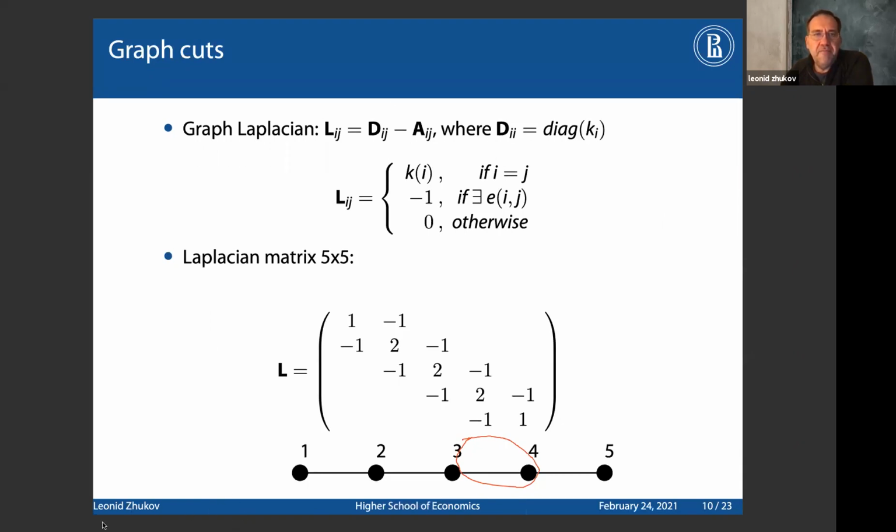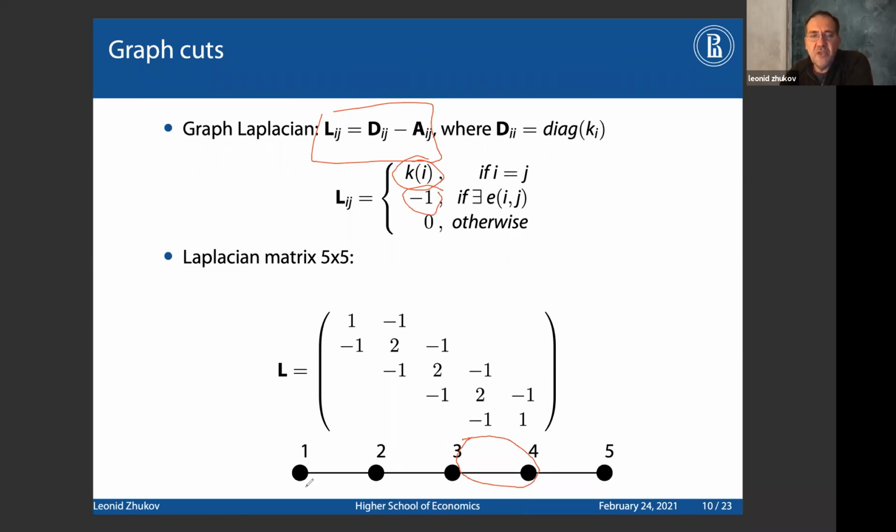It is the diagonal matrix minus the adjacency matrix. You can specify it directly: on the diagonal you have the node degrees, you have -1s off the diagonal where the unweighted adjacency matrix has ones, and you have 0 everywhere else.